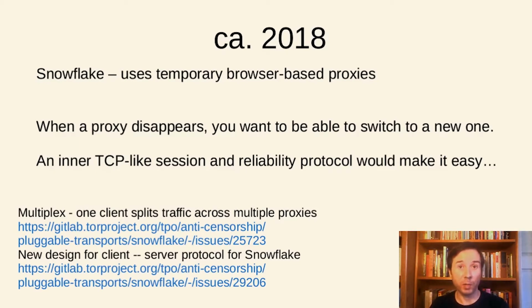So you would start a browsing session, you would start using a proxy, and these proxies are by nature temporary. They don't stick around forever. And when that proxy stopped working, your session would just end, and you would have no recourse but to restart the Snowflake software. What was missing is some idea of a session independent of any single proxy connection.